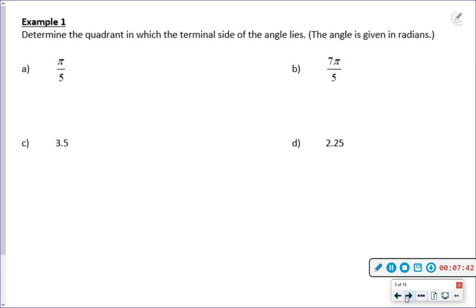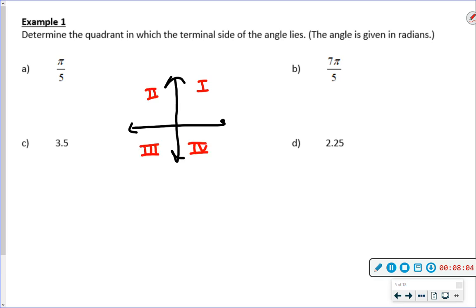So I'm just going to use one graph for all of them. We don't need to draw 4 graphs. That's obnoxious. I'm just going to kind of make mine in the middle. Now, quadrants. First thing I'm going to do is label my 4 quadrants. Of course, quadrant 1, top right. Quadrant 2, 3, 4. Now, I see all 4 of my angles in this problem. We will do negatives, but all 4 of these are positive for right now.